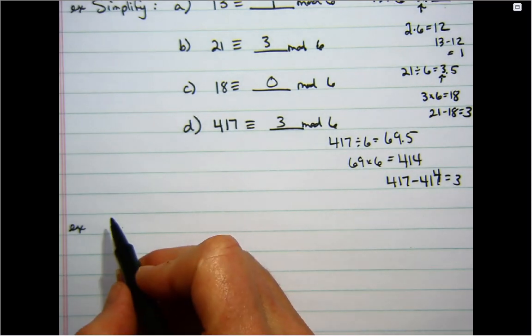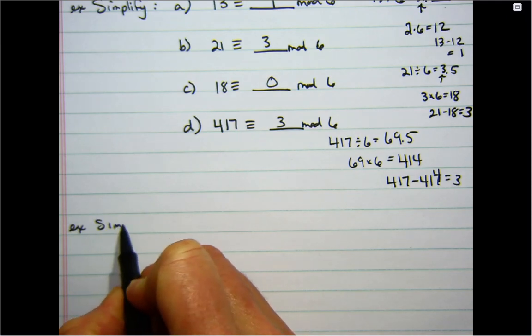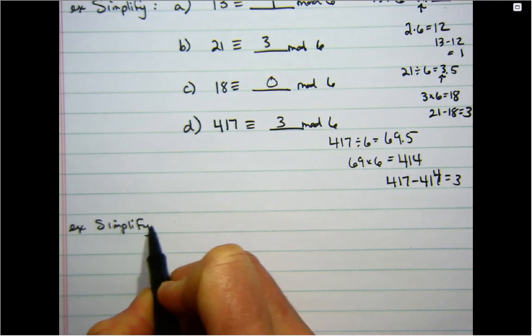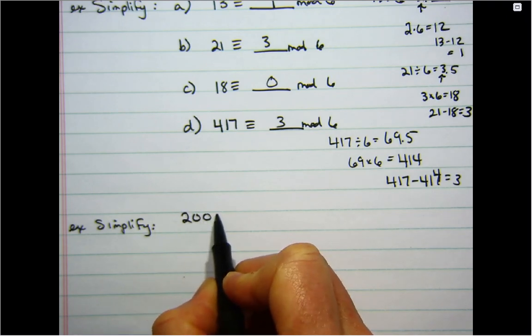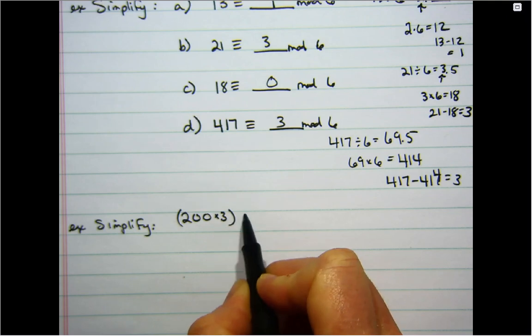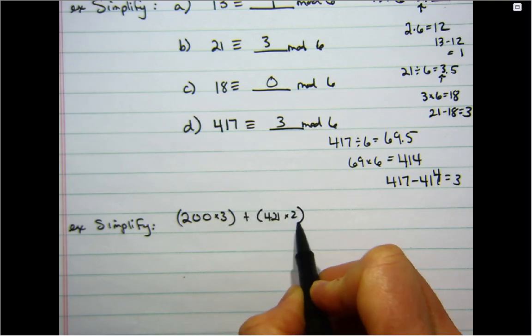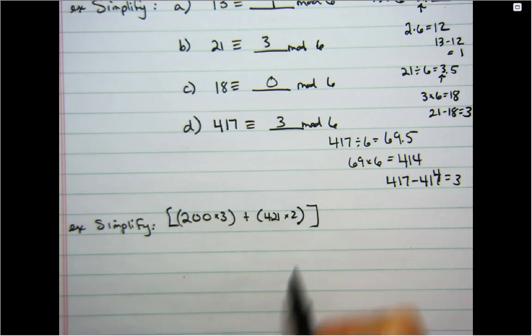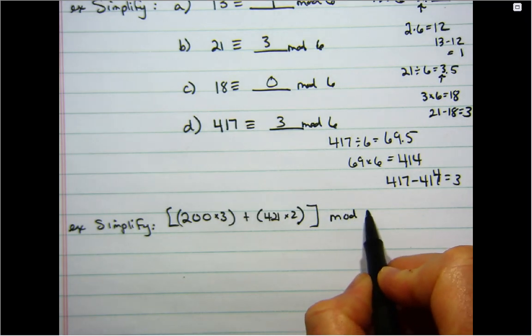So let's look at some bigger numbers here. We have this big number, 200 times 3 plus 421 times 2, and we want to know what that is mod 5.